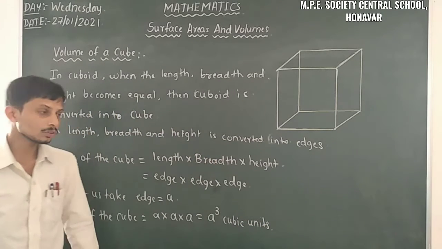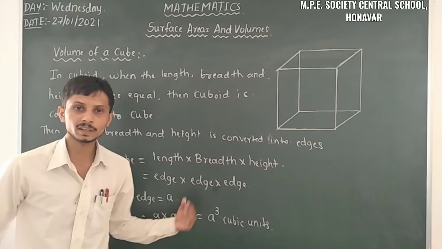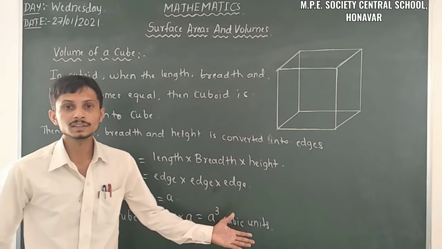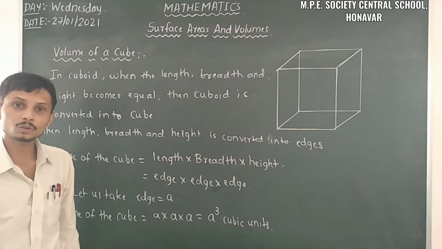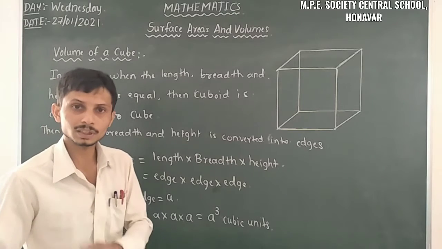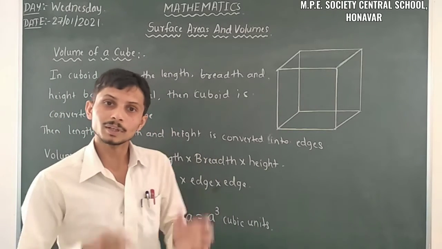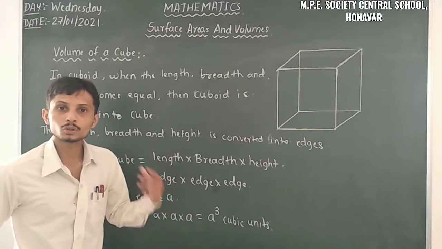A cube, cubic units. If it is meter, we take meter cube. If it is centimeter, we take centimeter cube. If it is millimeter, we take millimeter cube, like that. This is the volume of a cube. When the length, breadth and height of the cuboid become equal, then the cuboid is converted into a cube. From that we got the formula to find the volume of a cube.